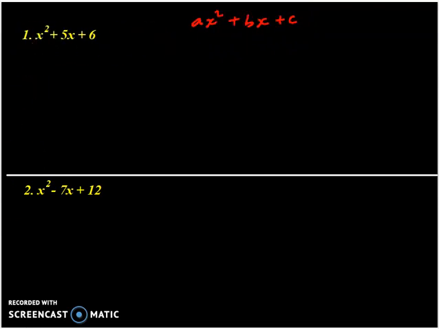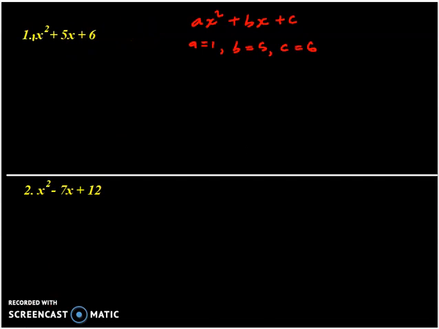Now if you look at this, we have a coefficient of 1 right here. So in that case, a is equal to 1, b is equal to 5, and c is equal to 6, based on what is happening here.